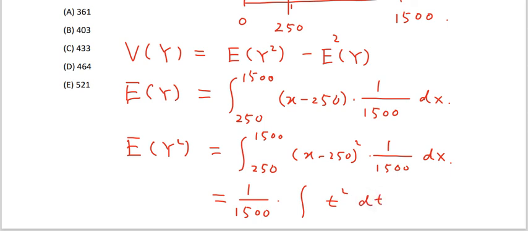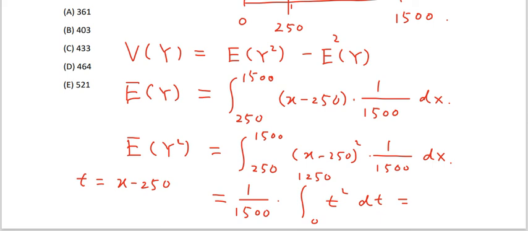When x equals 250, t becomes 0, and when x equals 1500, t becomes 1250. Okay, so this we can easily find.